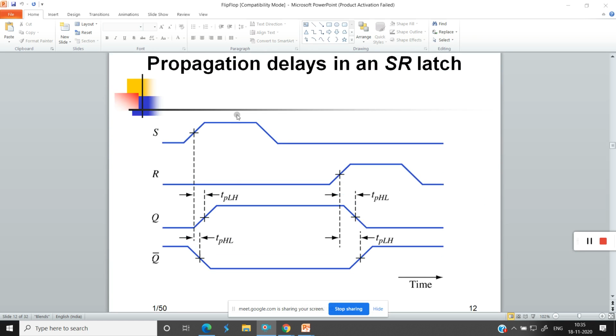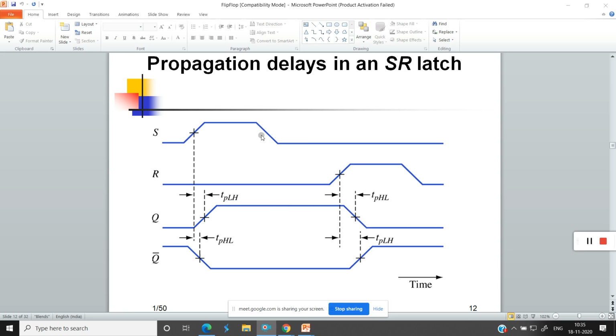Next we have propagation delays in an SR latch. We have already learned the SR latch. When S is 1, it will set the latch, and when R is 1, it will reset the latch.